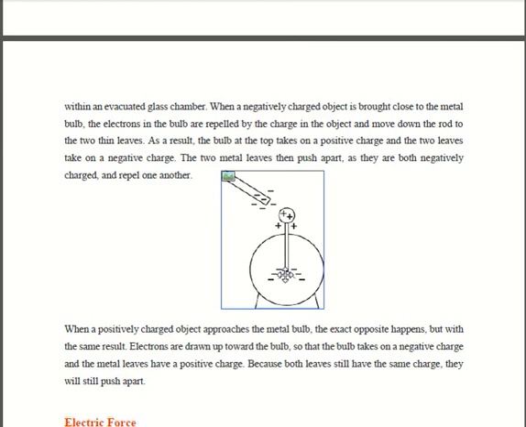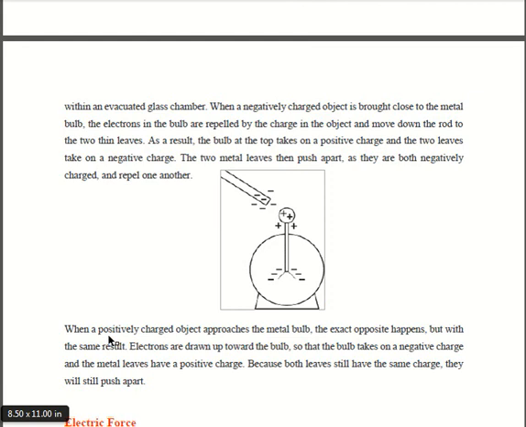That's as far away as they can get. So these electrons here want to get away from these ones. So with the electrons pushed away, that just leaves a bunch of extra positive charges up at the top. So the bulb at the top takes on an overall positive charge. The two leaves, both having a negative charge, start to repel each other. So they push apart.